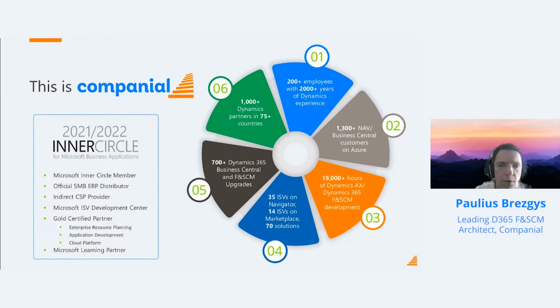We have done more than 700 migrations and upgrades for Dynamics 365 Business Central and Finance and Supply Chain Management. And we have more than 1,000 partners in 75 countries. Of course, we welcome more partners to join us and have a positive experience with us.